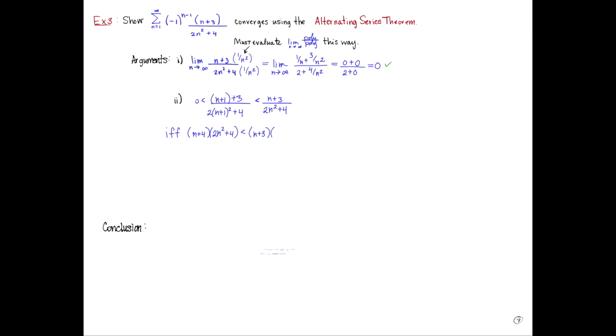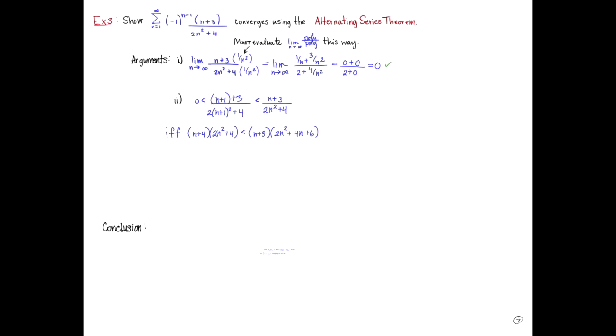times, foiling the n plus 1 and distributing that 2 out front, gives us 2n squared plus our middle term. When we are foiling out n plus 1, that is 2n, and multiplying that by the 2 out front gives us a 4n, plus 1 squared times 2 is 2, plus 4 gives us plus 6.